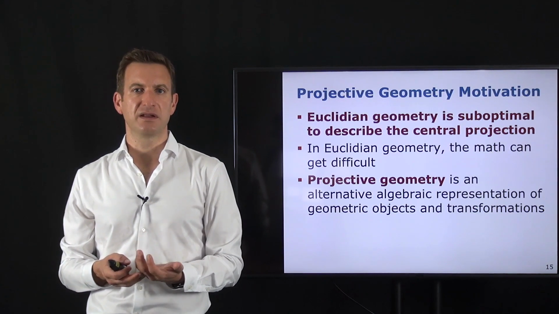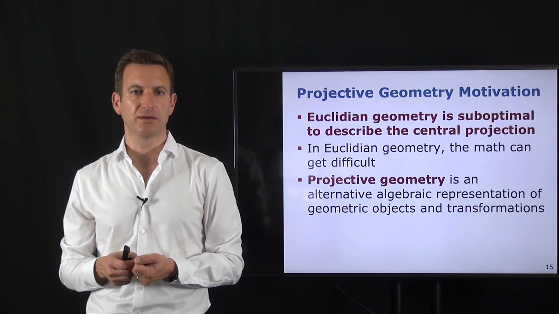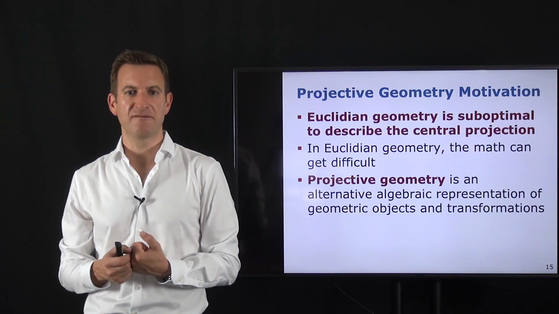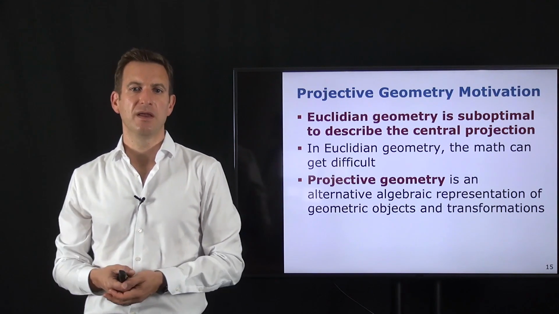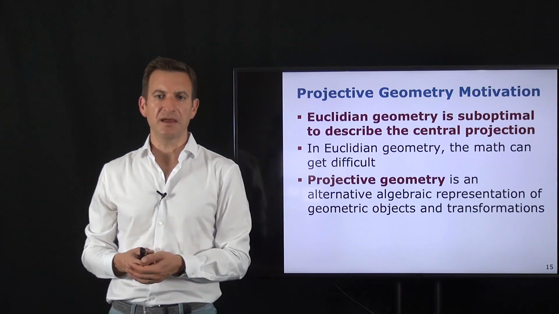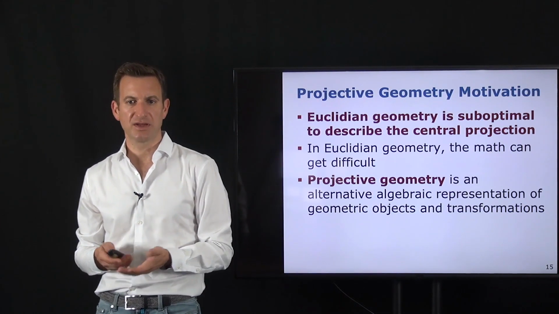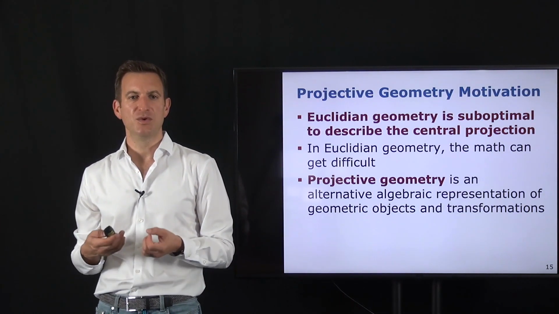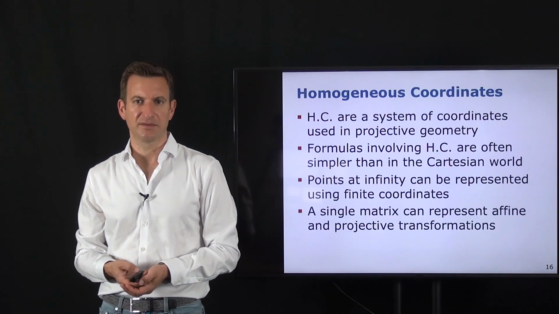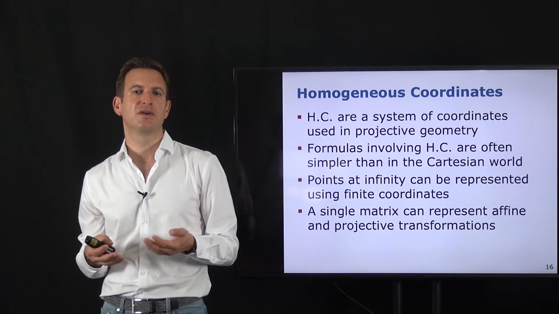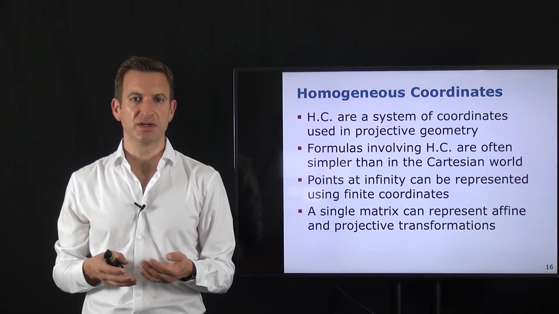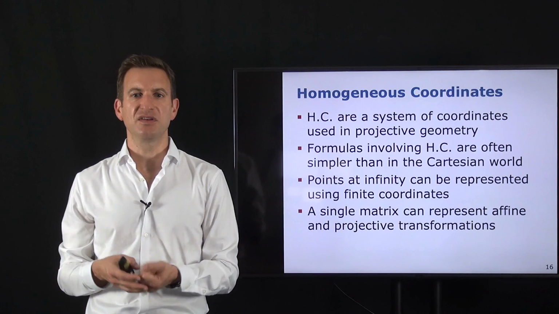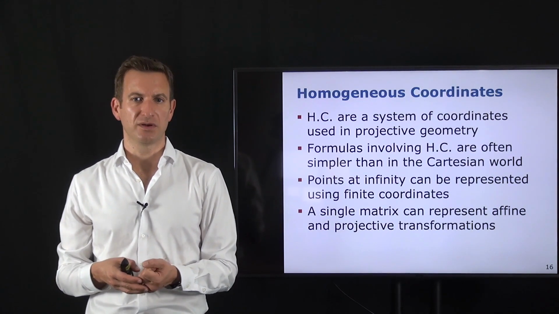The thing is that it becomes more complicated to write down the equations, and the equations don't become very handy, and the mathematical expressions become complex. And therefore we can go to an alternative representation, and these are these homogeneous coordinates, which are better suited for describing this. So homogeneous coordinates are a system of coordinates that are often used in projective geometry, and they make things simpler compared to the Euclidean space.